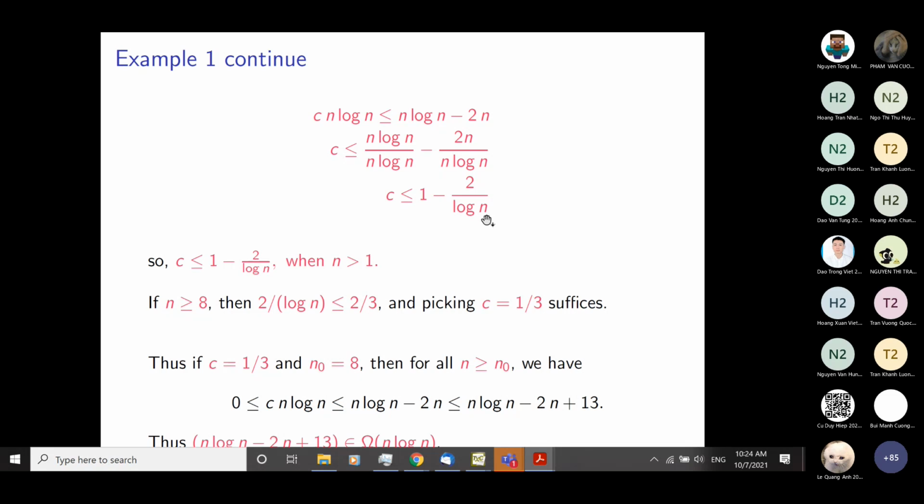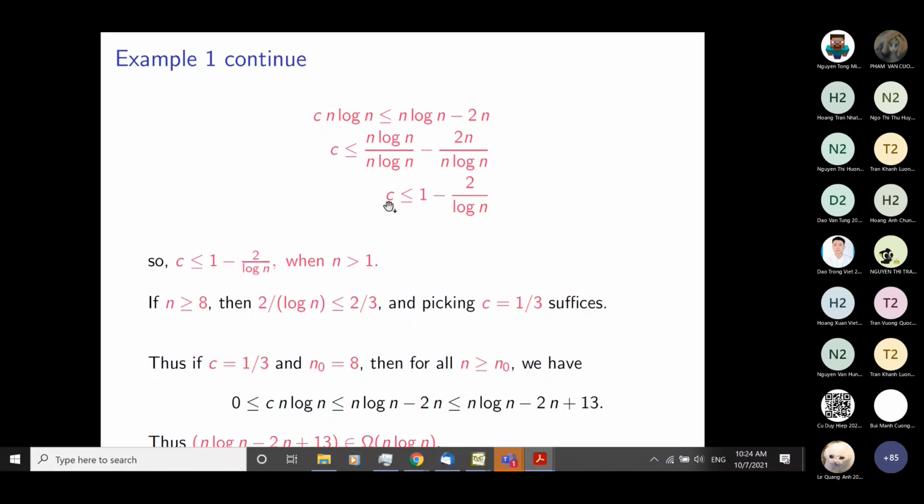So for example, if I choose n to be 16, log in base 2 of 16 is 4, so this is going to be 1/2, sorry. So 1 minus 1/2 is positive, and the difference between the two is 1/2.